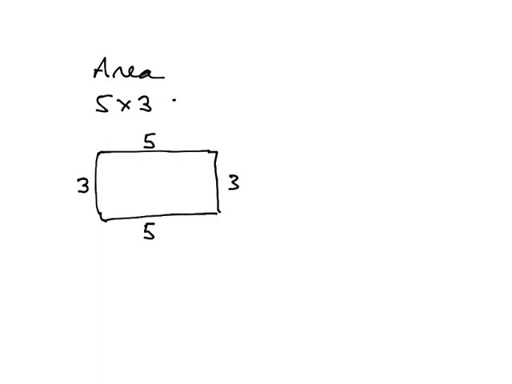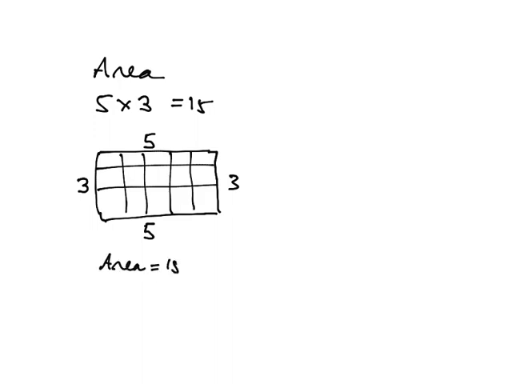So when we say 5 times 3 is 15, that 15 is also the area of this rectangle. We can see that there are 15 squares, units in this rectangle.